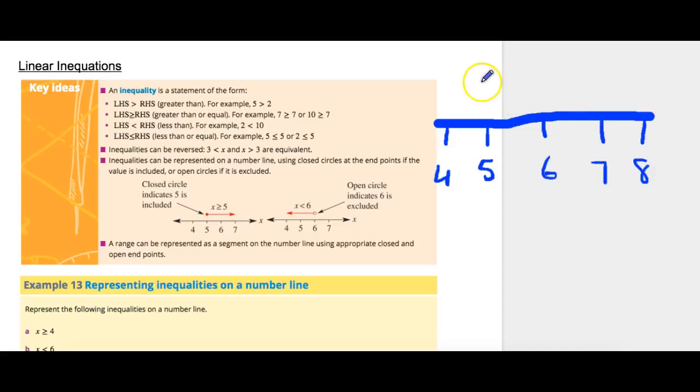So the players on a netball team, you can have 5, so I'm going to close that circle, and you can have up to 7. So close that circle and then a line in between. So this basically means I can have 5, 6 or 7, but I can't have anything bigger than 7 and I can't have anything lower than 5.